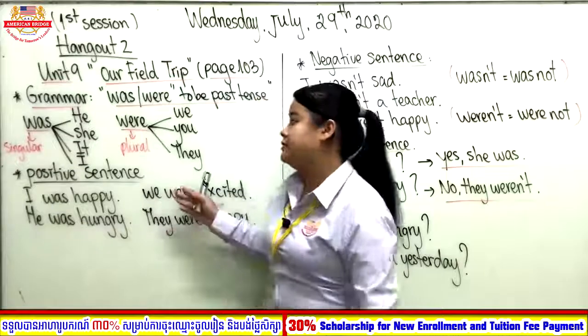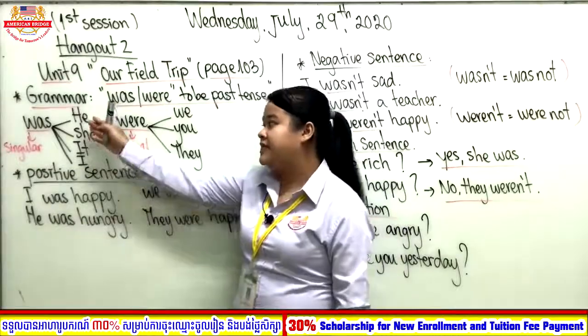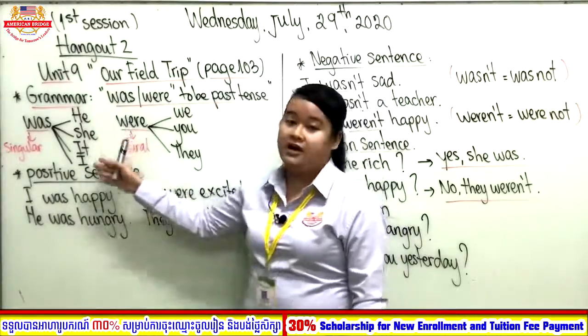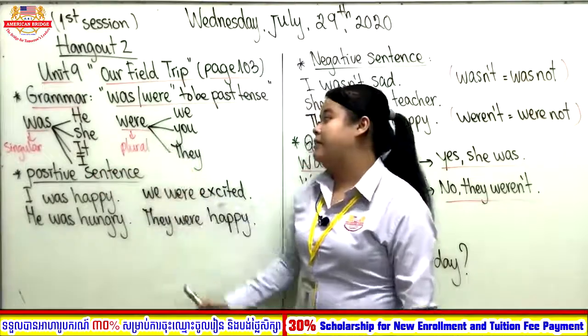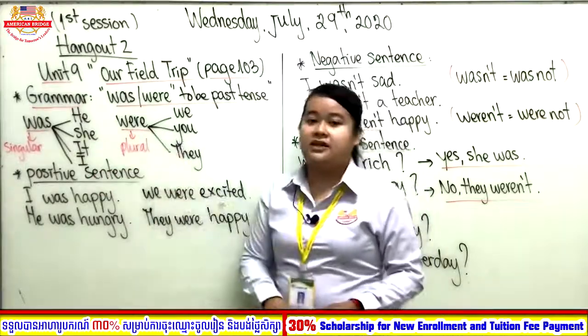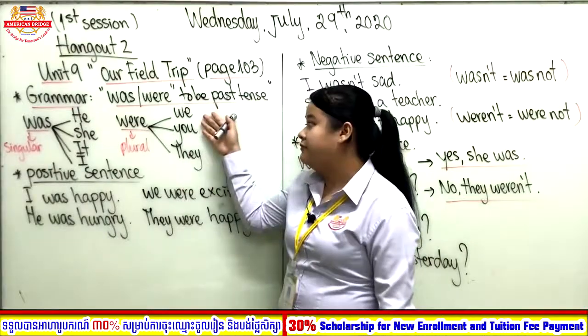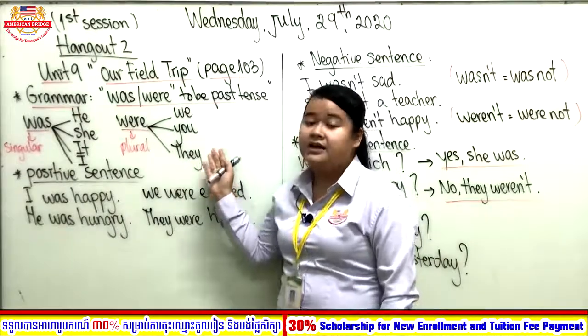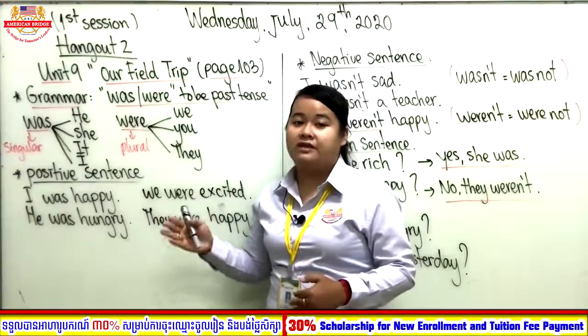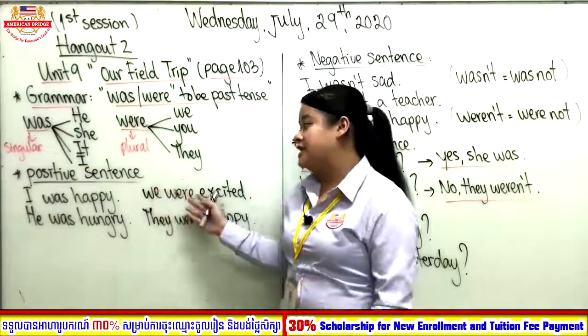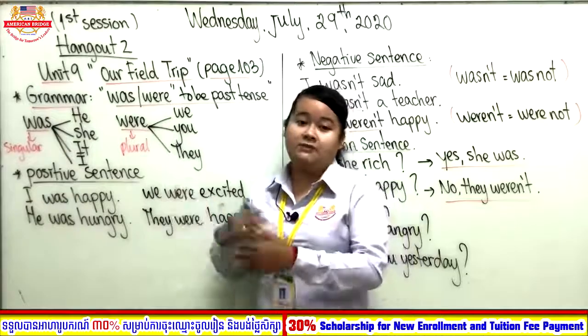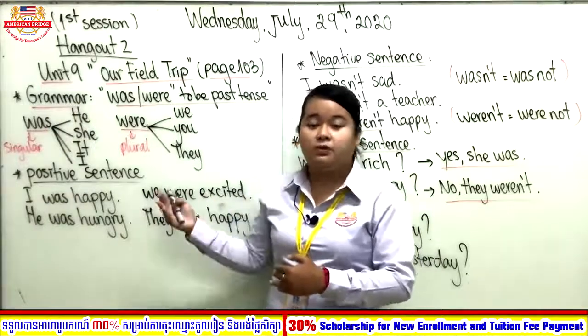Was we use with singular: he, she, it or I, right? Remember that. And were we use with just 3 subjects, which we call plural: we, you and they. When you use was and were in the positive sentence, you need to put the subject first, and after that you put was or were.